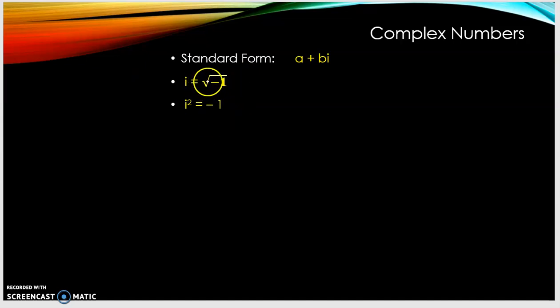i is equal to the square root of negative 1. So if i is equal to the square root of negative 1, let's say i squared is equal to the square root of negative 1 to the power of 2.